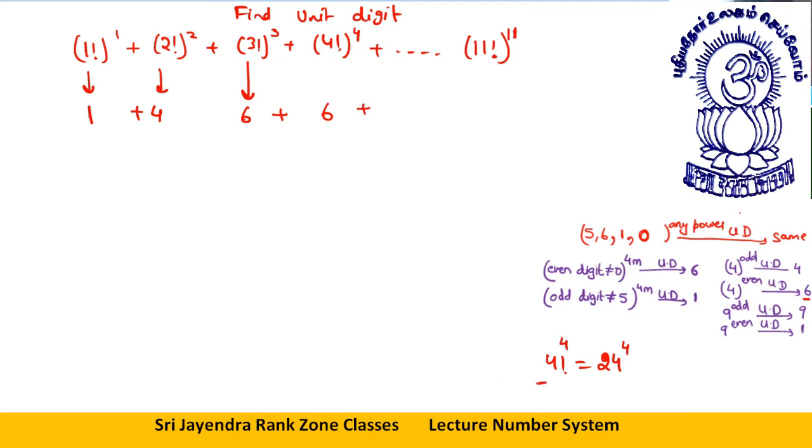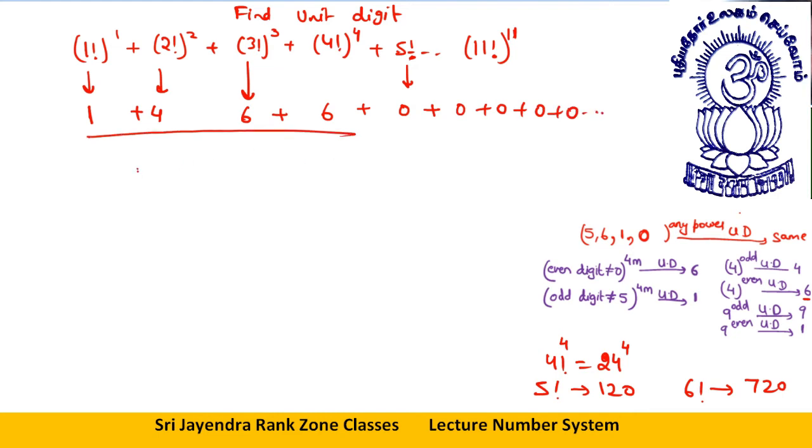Plus 5 factorial is 120, which will give you 0. 5 factorial onwards, all factorials end in a 0. So this is 0, then we have 720, 0, 0, 0, and so on. So what will your unit digit be? 1 plus 4 is 5, 5 plus 6 is 11, 11 plus 6 is 17, so 7 is your answer. Okay, let's move to the next one.